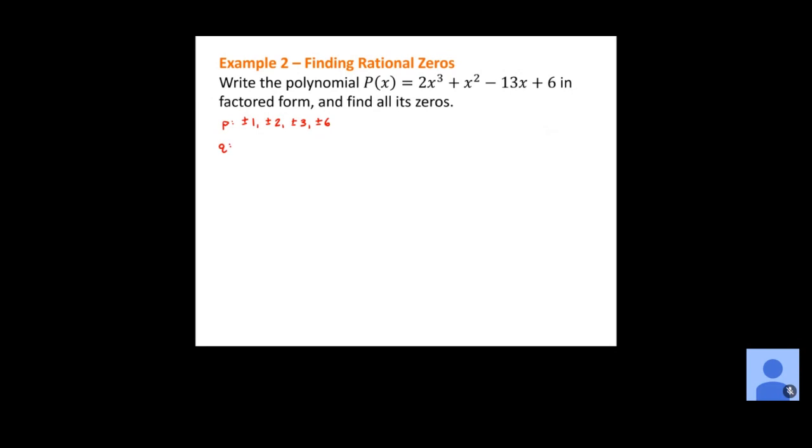What are the factors of the 2 now, the leading coefficient? Yeah, this time plus or minus 1 and plus or minus 2. Okay. Any questions about how we got the P and Q values here?